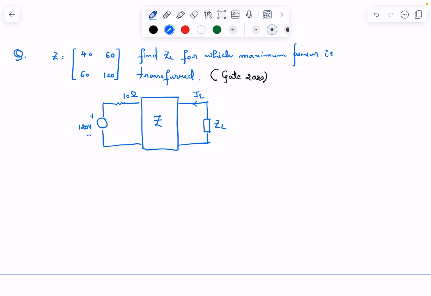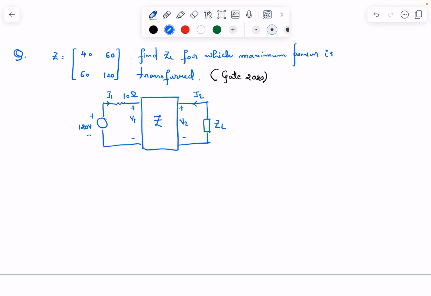Okay, this is V2. The voltage at the left side of the Z block will be V1. The current entering the network is I1, and the current entering from the outside is I2.